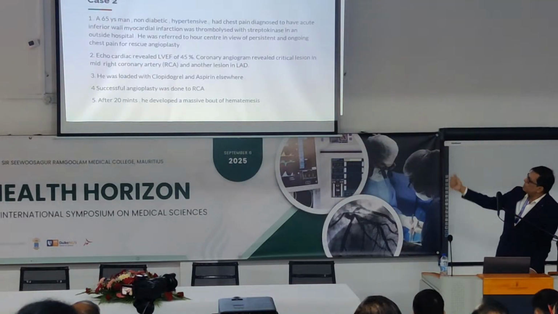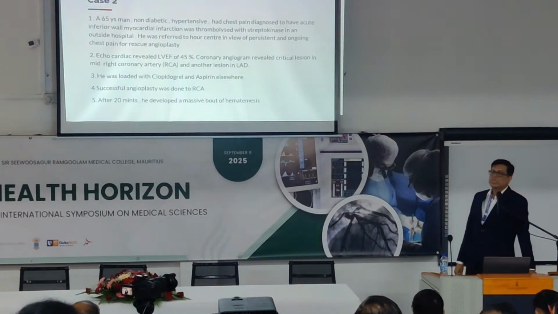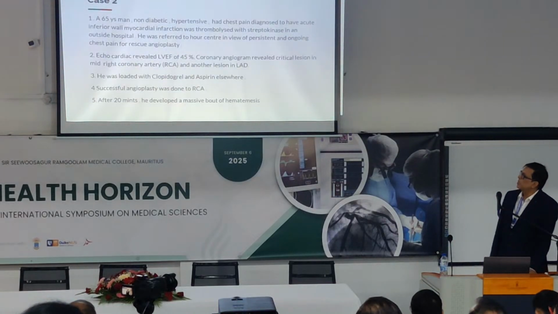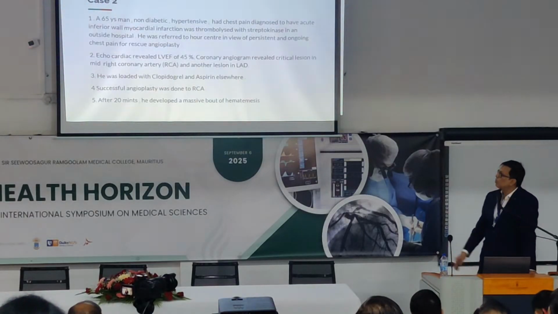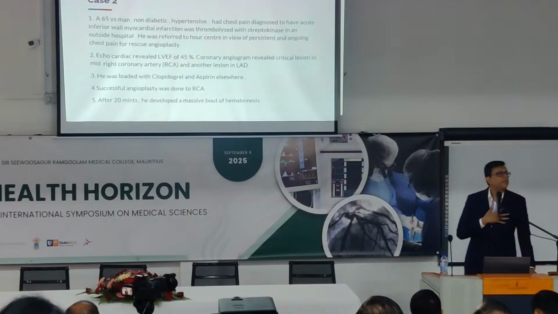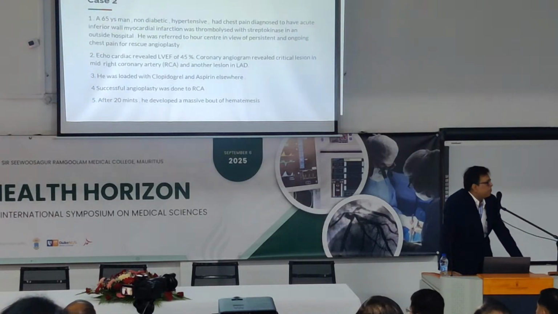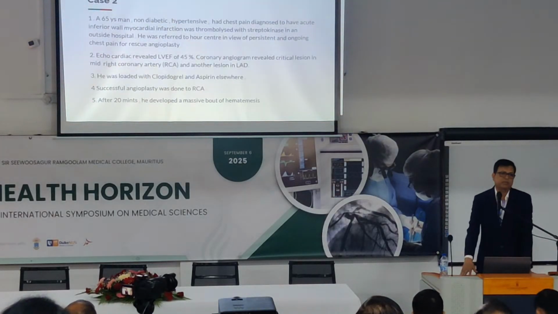They found the LV function was 45%. Coronary angiography showed a critical RCA and another lesion in the LAD. The patient had angioplasty. After 20 hours, the patient bled massively from the GI tract.